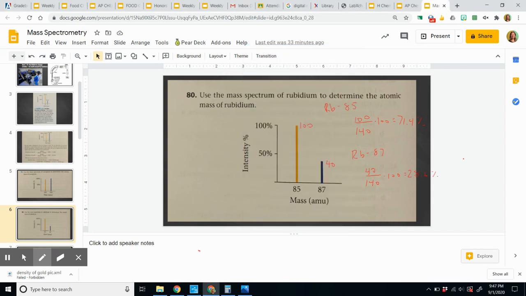Okay, so these are similar to the chlorine that we're looking at earlier. So we're going to change these percentages to decimals and multiply it by each mass and then add them together. So we will get 0.714 times the mass of 85 AMU plus 0.286 times the mass of 87 AMU.